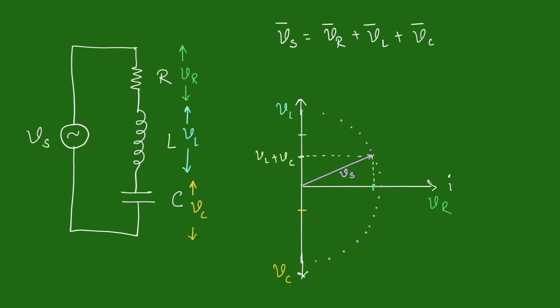VL plus VC plus VR, where VR is along the positive x-axis, should be equal to Vs, and that means VR will have the value as shown here in this diagram.